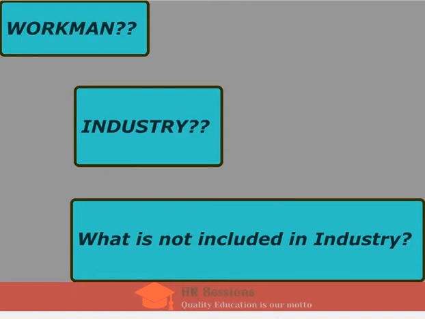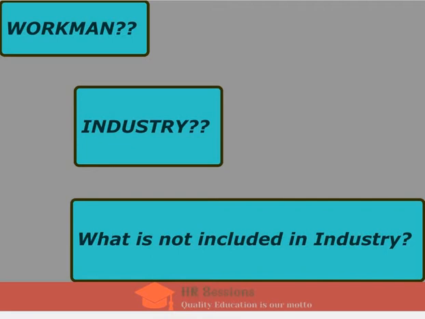Industry is the systematic activity carried on by the corporation between employer and employee for the production, supply, and distribution of goods and services to satisfy wants and needs. That is the part of industry.